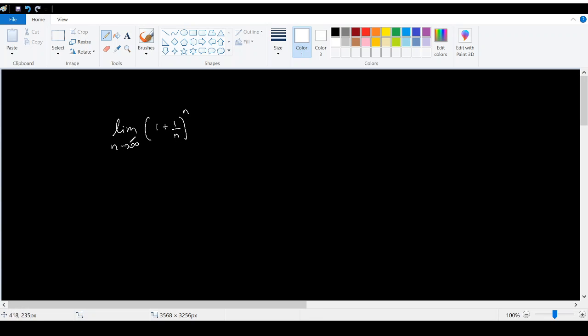Now when you are computing these sort of limits, let's say for example, if you take the limit of 1 + 1/n, then to compute the limit of this one, we can directly plug in infinity and see what will happen to this total term. So when you plug in infinity, this term will be 0, so you will end up with 1.